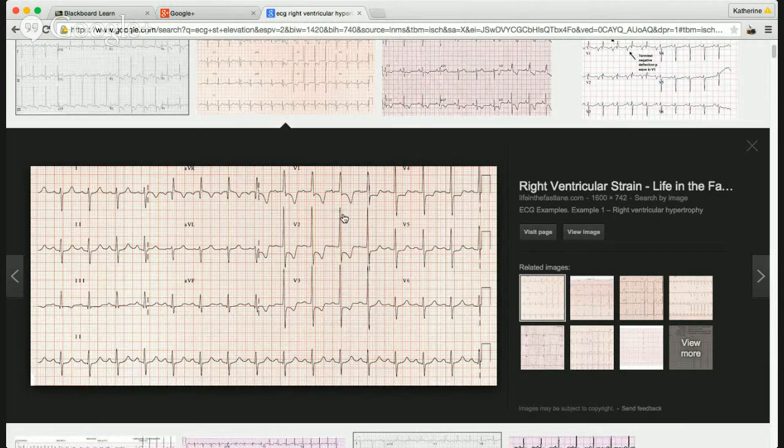And then our ST depression is also present in V1 through V5, and it was slight. So I would suspect a subendocardial infarct of the non-Q wave variety. They might all be non-Q wave. And the anterior infarcts are caused by blockage of the left anterior descending artery. Okay, thank you very much.